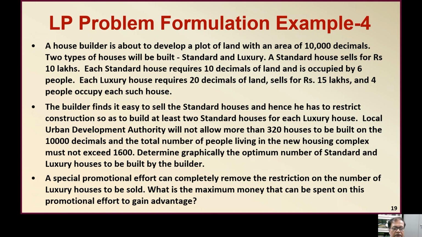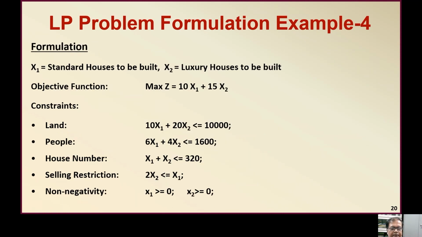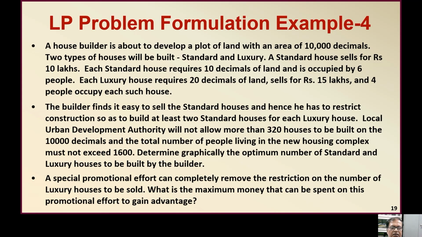So x2 should be less than or equal to 2x1. So that is another constraint. So all of them are put here. I'm sorry, 2x2 should be less than or equal to x1. That is because, supposing standard houses are 20, luxury houses are 10.